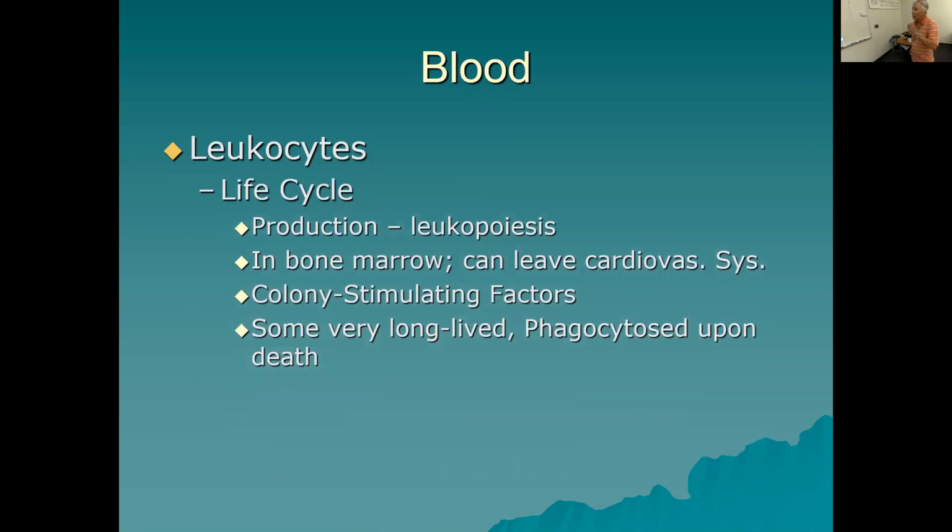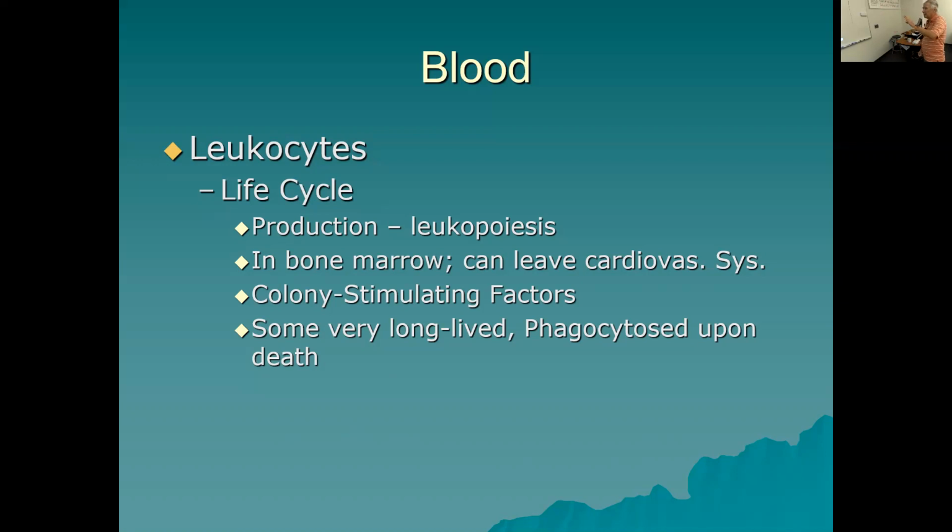The life cycle of leukocytes is quite different than red blood cells. They usually last a lot longer because they're full-fledged cells that can be parent cells. Production is called leukopoiesis. It's in bone marrow also. Some of these cells can actually leave the cardiovascular system. They squeeze out between the cells lining capillaries and can go throughout the tissues, called immune surveillance, looking for foreigners.